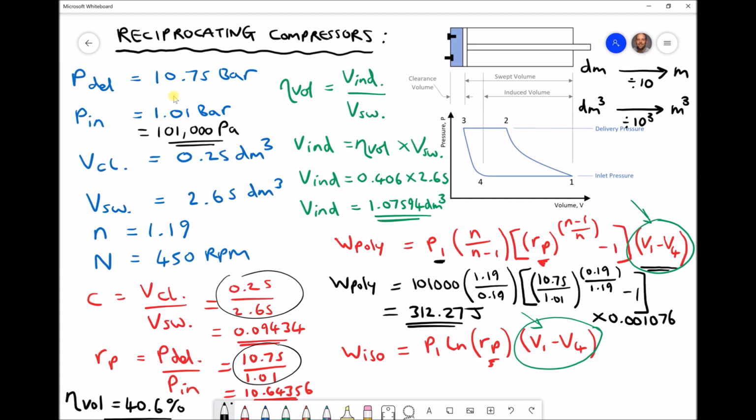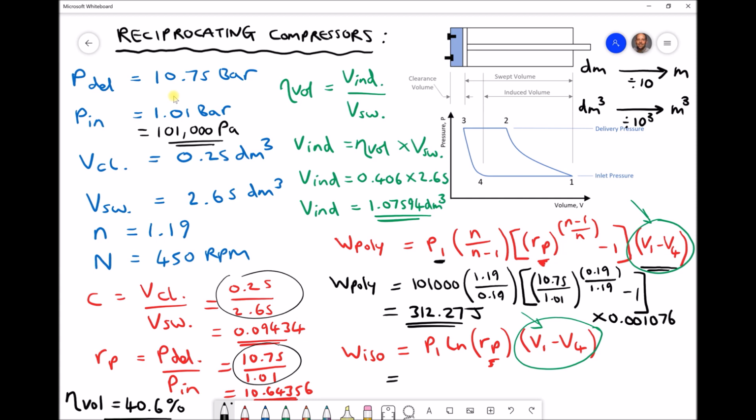We've already said that we would expect our isothermal work to be less, because the isothermal work is the amount of work that would be required to compress one cylinder's worth of gas if we had a constant temperature process. So we would expect this value to be less than 312.27.